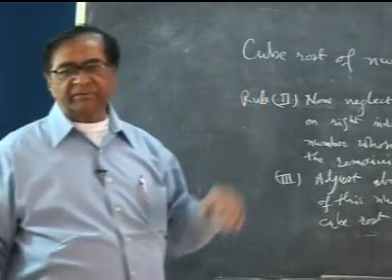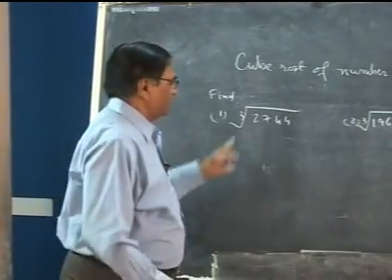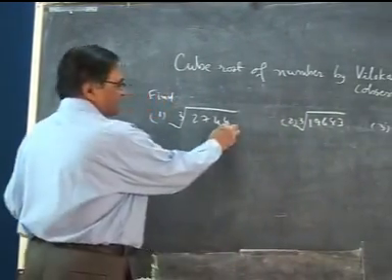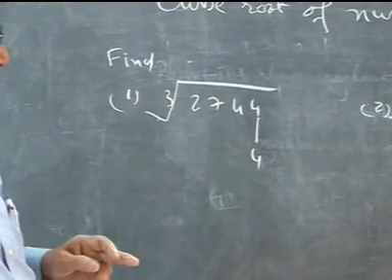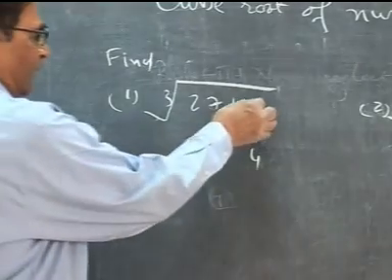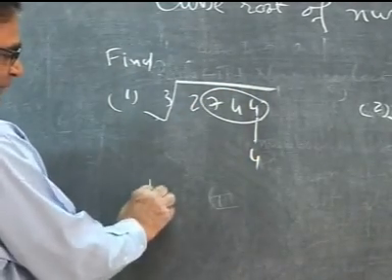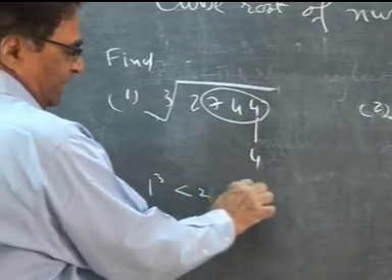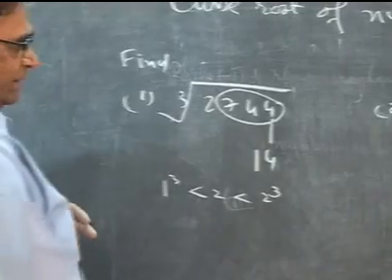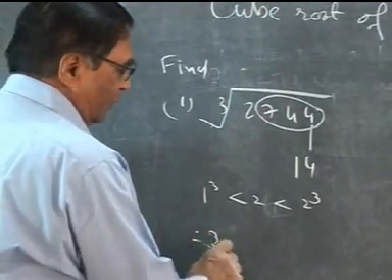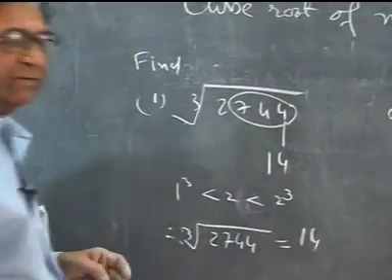So let us take some illustrations. See now, we take unit digit 4, obviously the cube root will end in 4. Now neglect the last 3 digits. We know 1 cube is less than 2, less than 2 cube. So place 1 before it, and therefore the cube root of 2744 is 14.